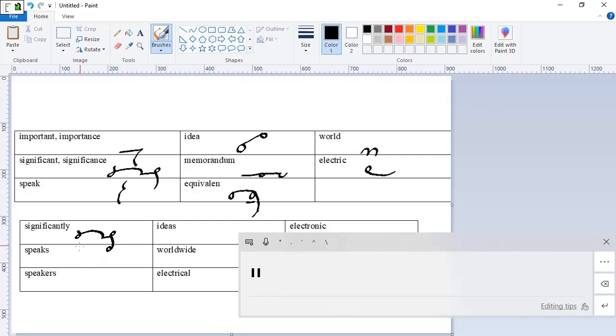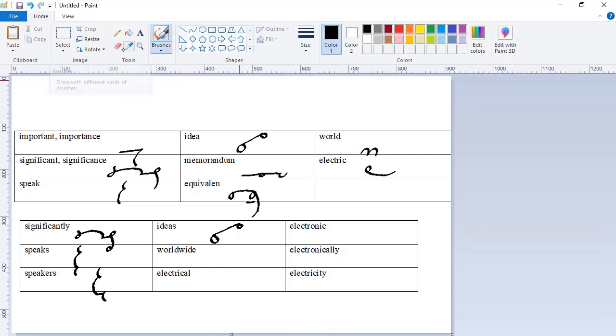Next, speaks. So we have S, P, S. Speaks. Speakers. We have S, P, R, S. Speakers. Next, ideas. So we have idea, and then, oops, baliktad. Ano to?